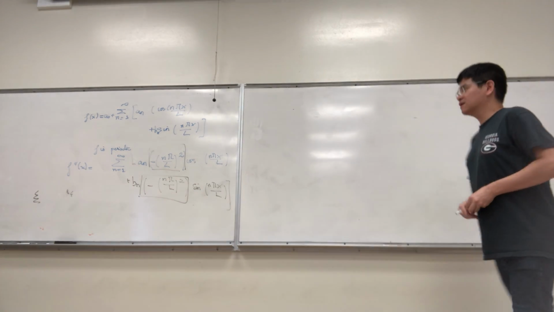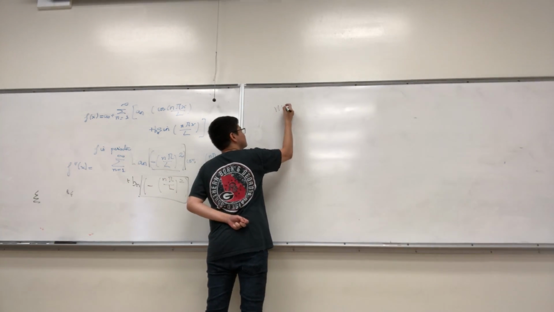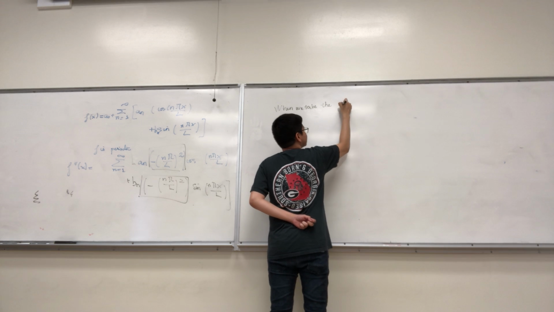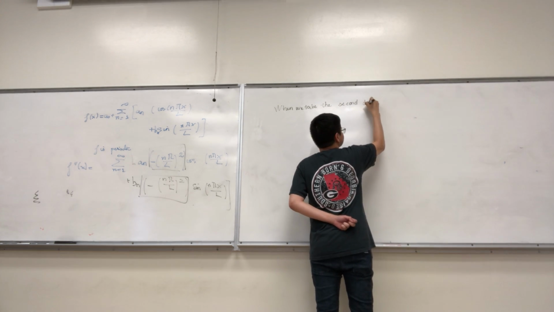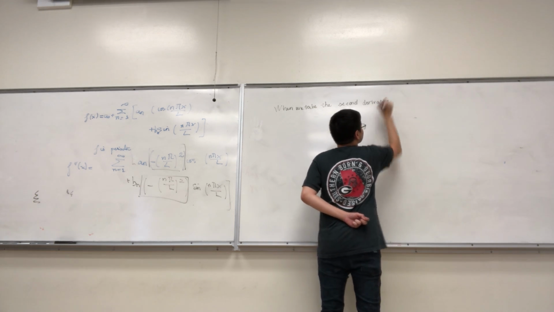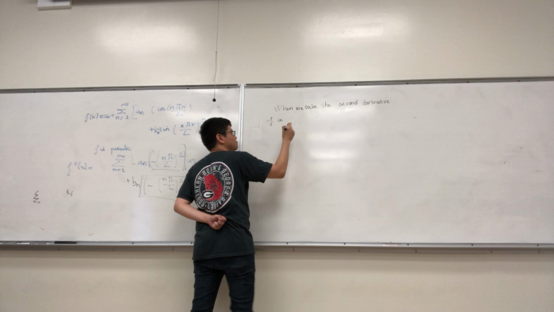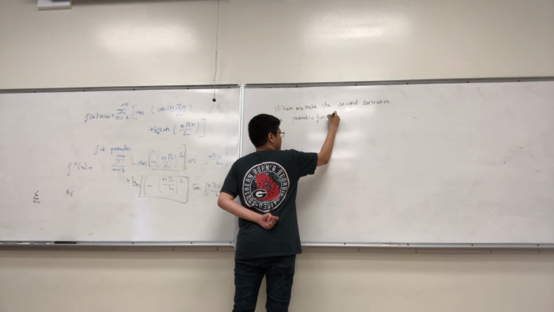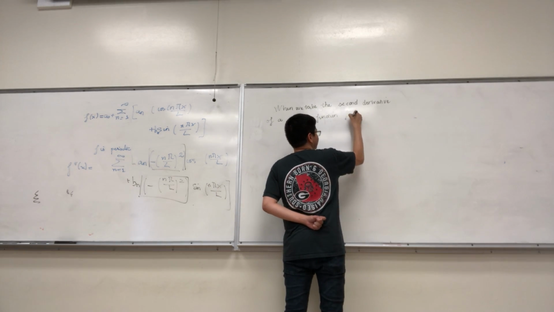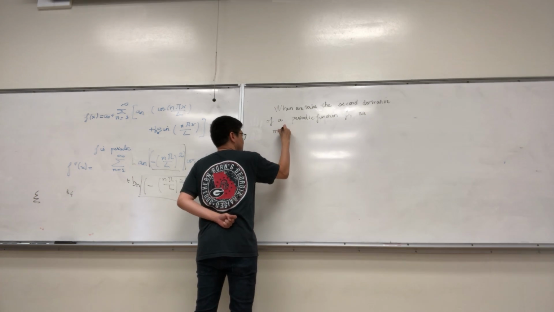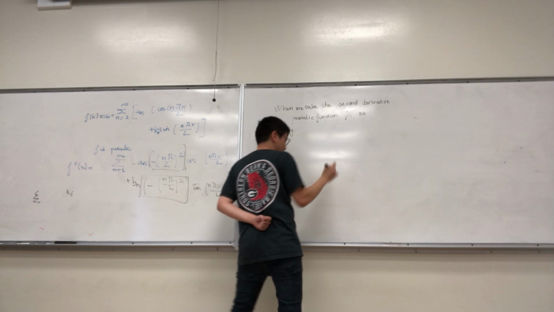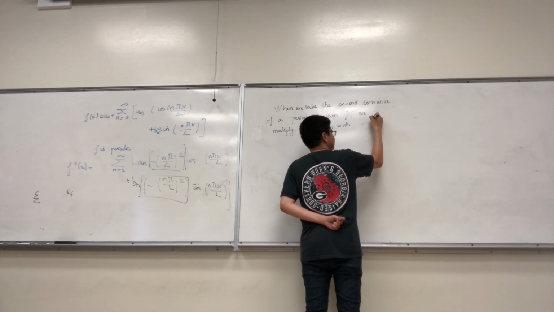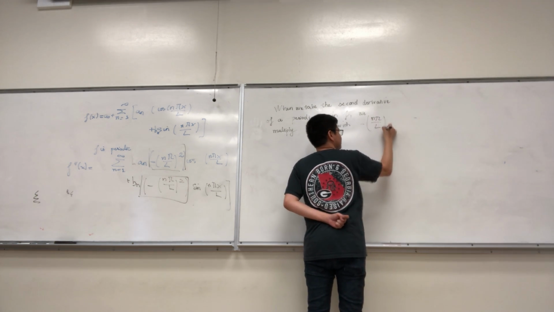This is because when we take the second derivative of a periodic function f, we multiply an and bn with minus n pi over L squared.